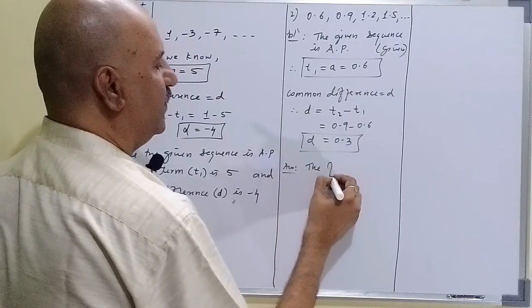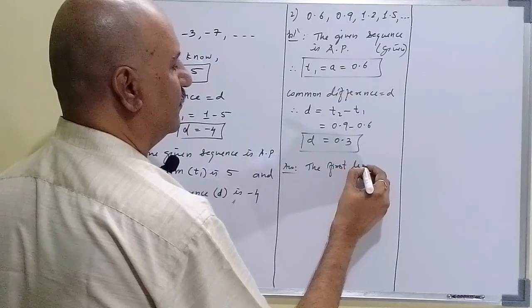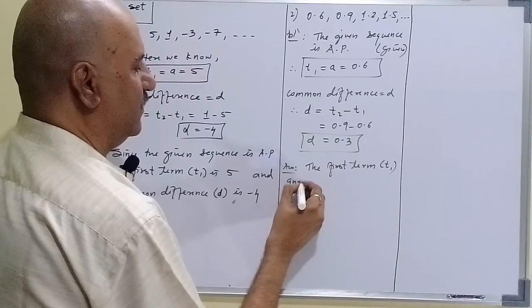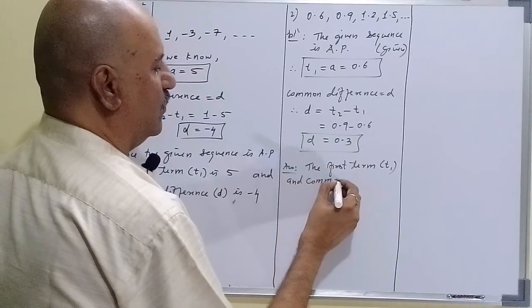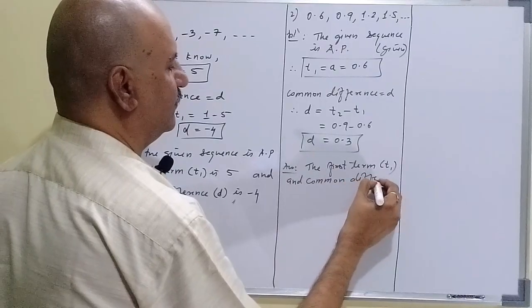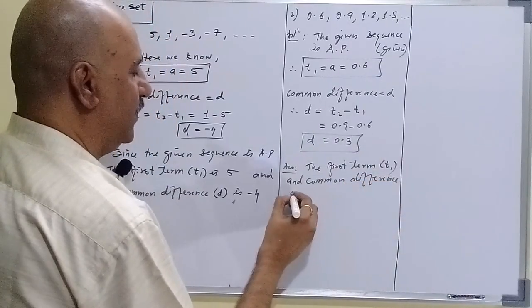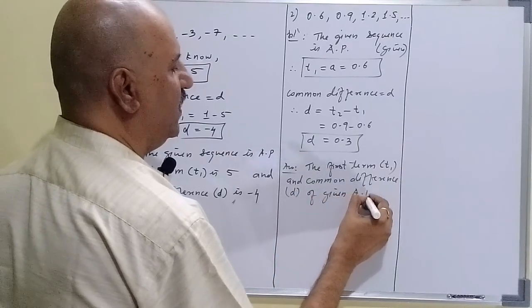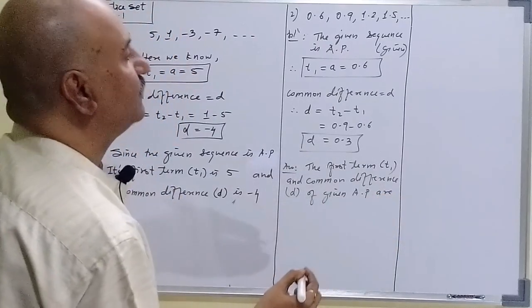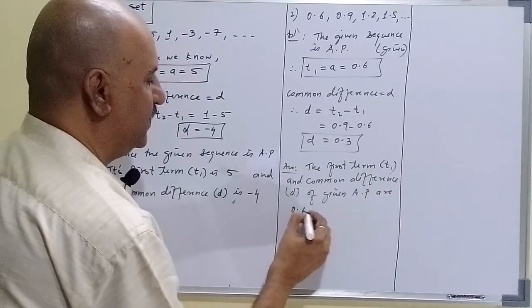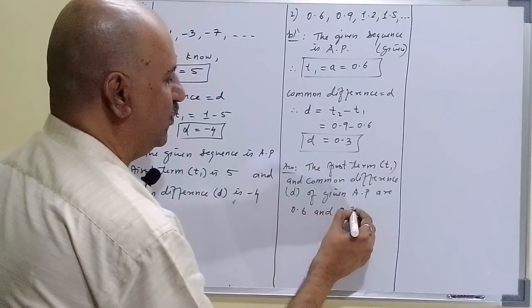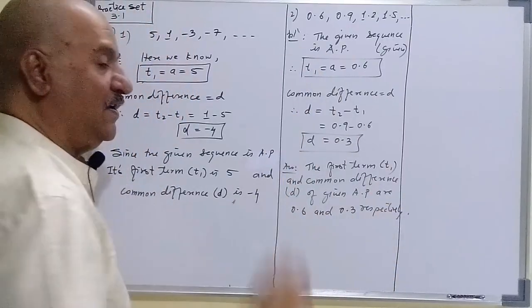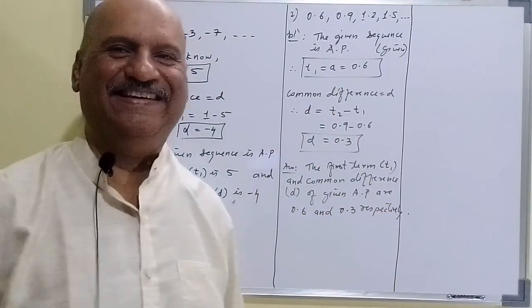The first term T1 and common difference D of given AP arithmetic progression are 0.6 and 0.3 respectively. इज्जत से.